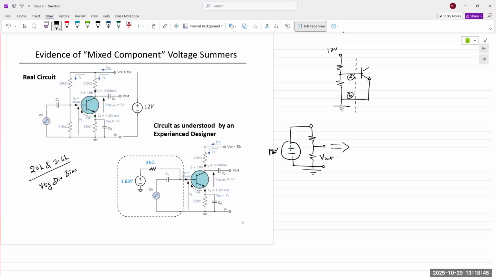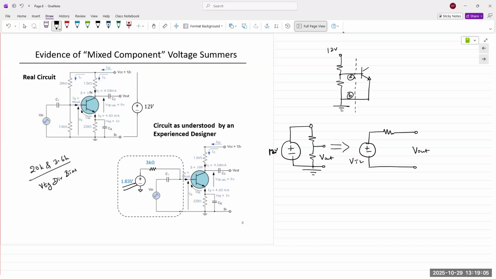So the Thevenin equivalent to this circuit would be a voltage source in series with a resistance. This voltage source VTH will have a value of 1.83. This is something we already saw previously.